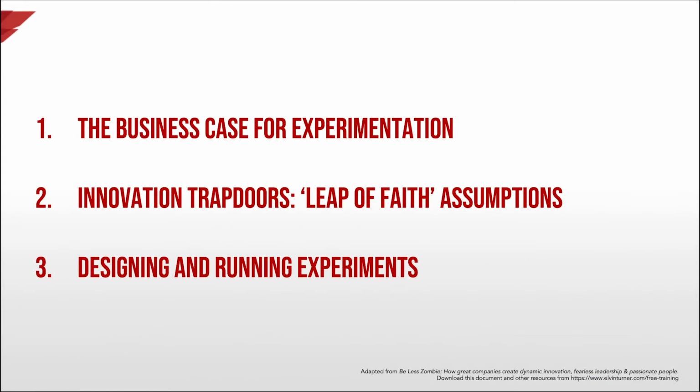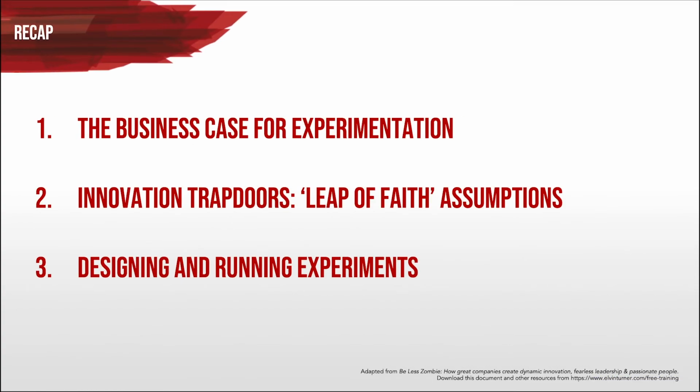Okay, so let's recap. We've looked at the business case for experimentation. There is a lot of failure out there. We have to be real about that, and we have to make a choice to step into it anyway and learn to be the best at failing well, to do smart failure so that we learn efficiently in our industries. Same for Google as it is for anybody else. We have to be real about that and not be in denial.